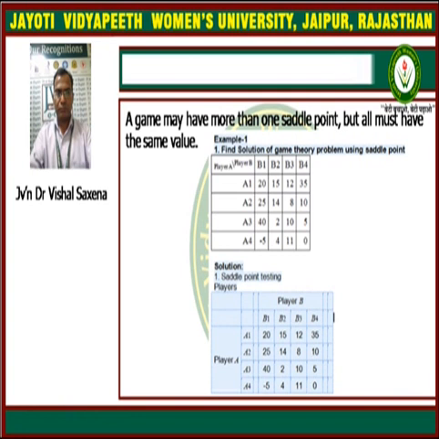Now here a game is shown for the two players, player A and player B. To solve this question, A1, A2, A3, A4 and B1, B2, B3, B4 are the strategies for the players, and the matrix is given.